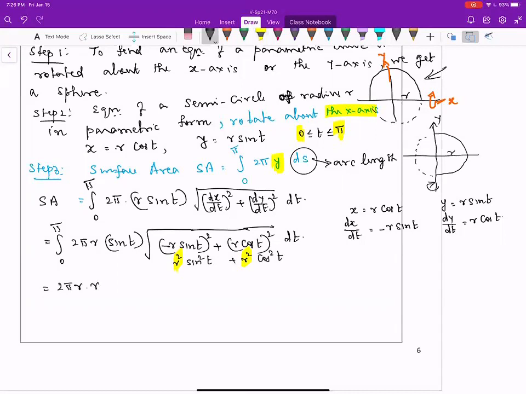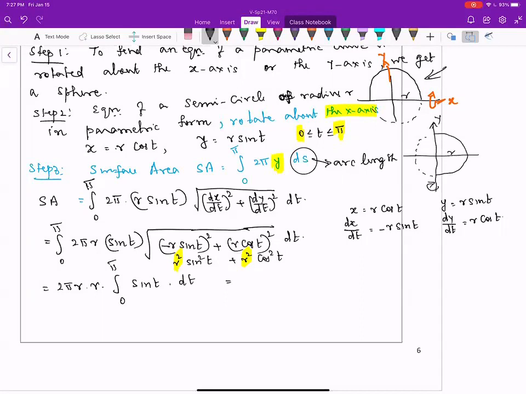That also comes outside of the integral. The integral from 0 to pi of sine t, then sine squared t plus cosine squared t stays inside the radical, which will be equal to 1 by the Pythagorean identity. So it is just the integral of sine t dt.